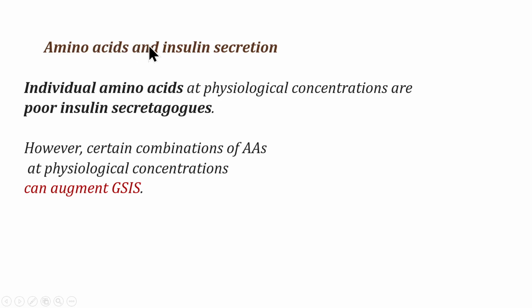The individual amino acids at physiological concentrations are poor insulin secretagogues. When present alone and at physiological doses, individual amino acids do not increase the secretion of insulin. However, in certain combinations of amino acids at physiological concentrations, they can augment the glucose stimulated insulin secretion.